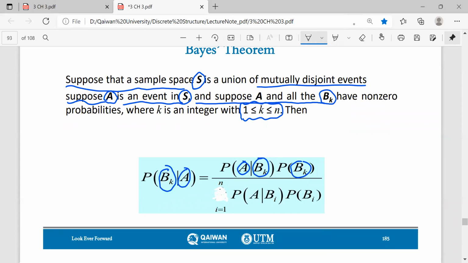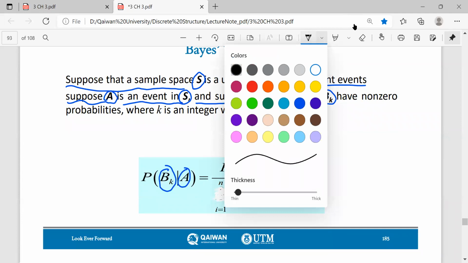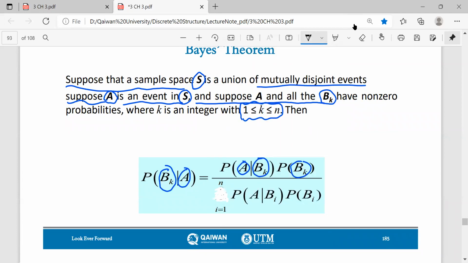Here we have n B's. We say the sum of all the B_i's of the probability of A given B_i times the probability of B_i.